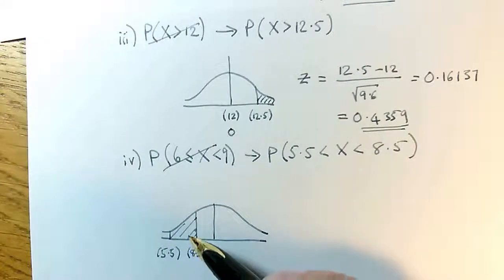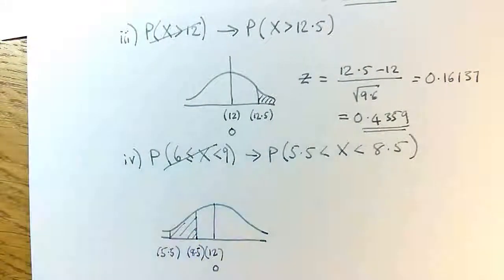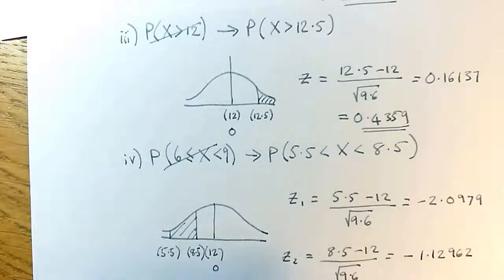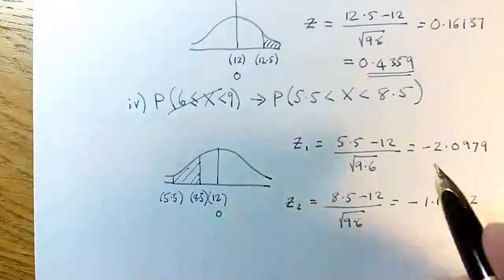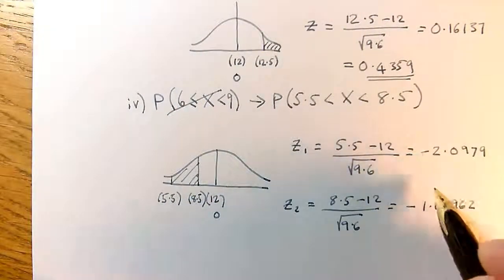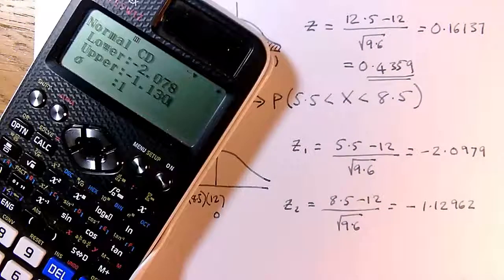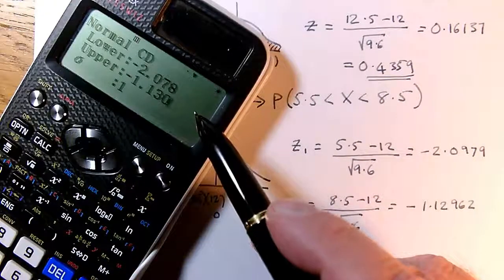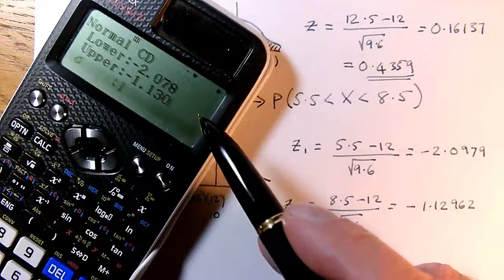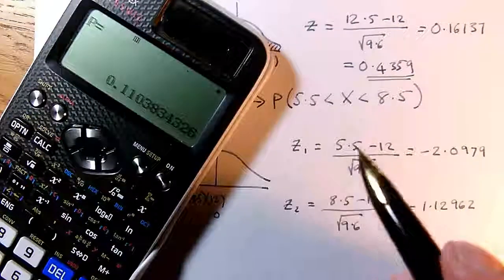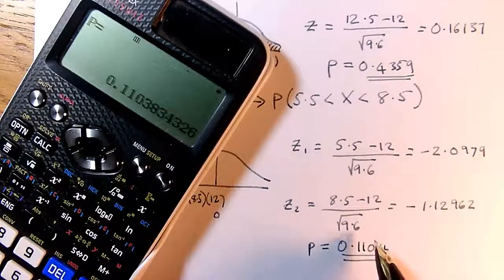I want the area between them. Two z values using similar formulas. Here are the calculations you should see and the values you should get, and I can see that I want the area between those two, so I'm going to use the more negative one as the lower, the other one as the upper. There they are on my calculator. I've rounded them off to 3 decimal places, and here comes the probability. There we go. Here's my last answer.